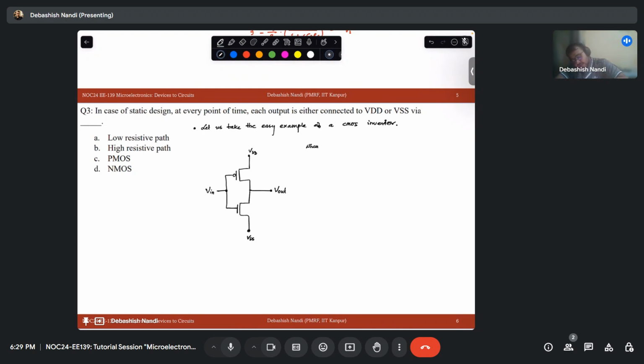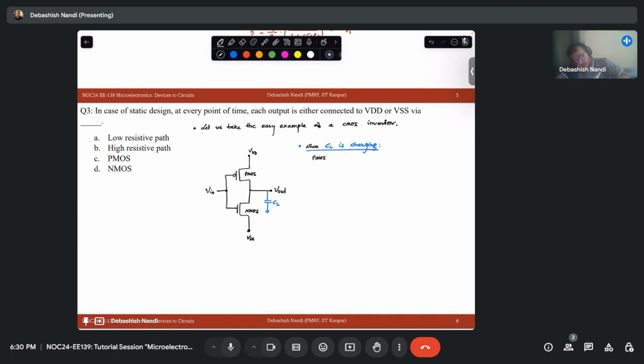Now let's assume that there is a load capacitance at this node. So when CL is charging, what will happen? Let's say this is PMOS, this is NMOS.